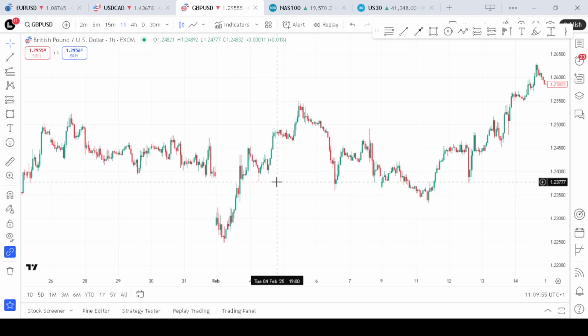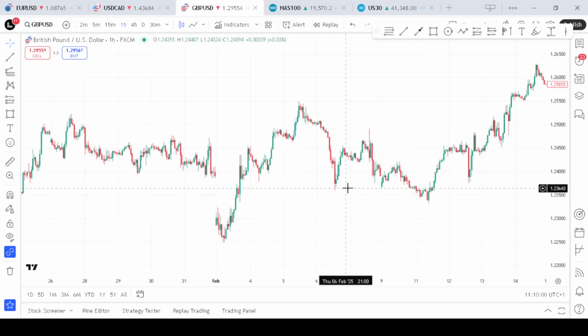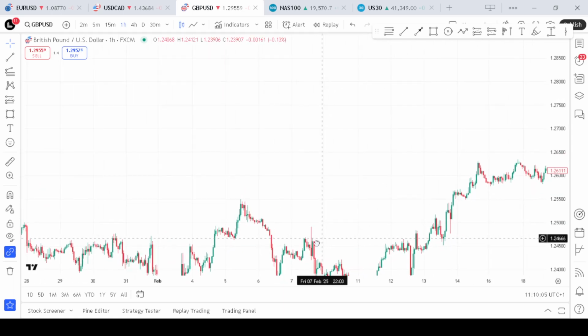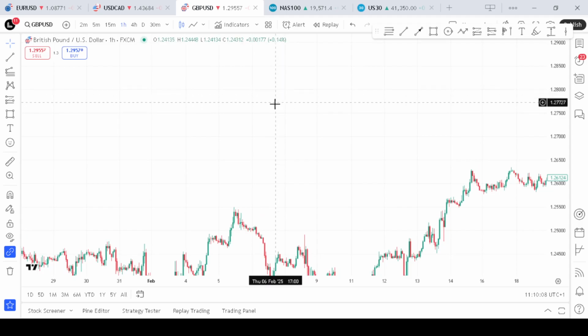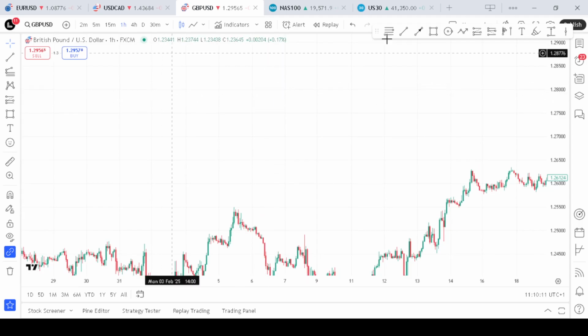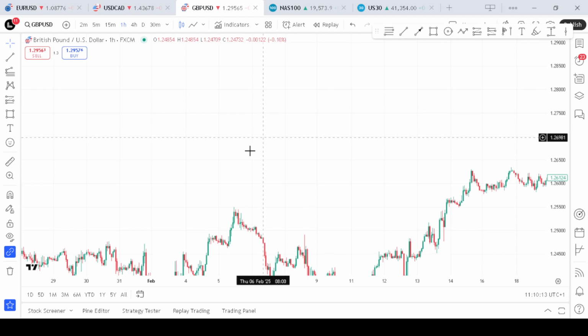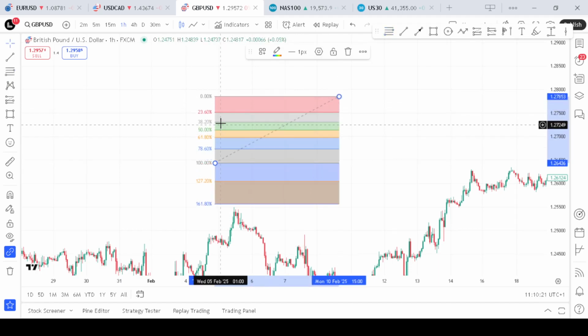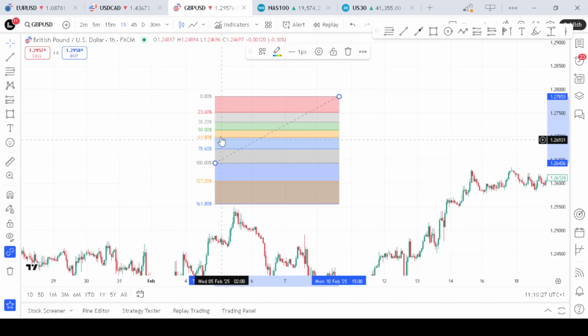This strategy is rooted in the Fibonacci sequence, a mathematical concept that has found significant application in the financial market, and its core strategy focuses on key Fibonacci levels such as the 38.2 level, the 50% level, the 61.8 level, and the 78.6 level.